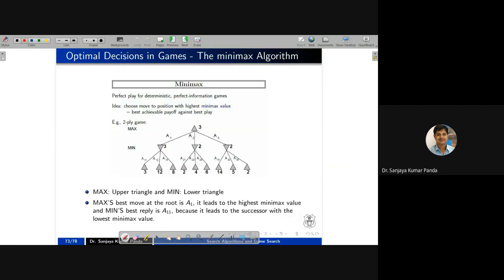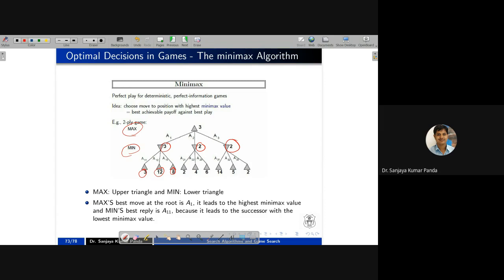Like here you can see 3, 12, 8 are three different values. If you go for minimax and choose min, the minimum value is 3. For 2, 4, 6, the minimum value is 2. For 14, 5, 2, the minimum value is 2. But once min has taken this move, the next player is max, who has to play.